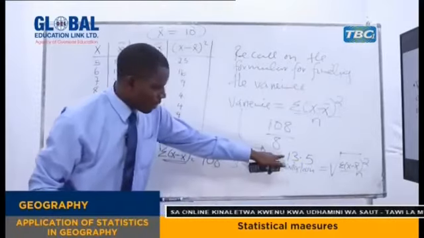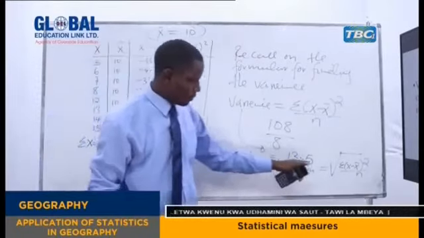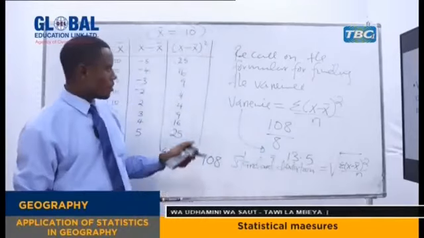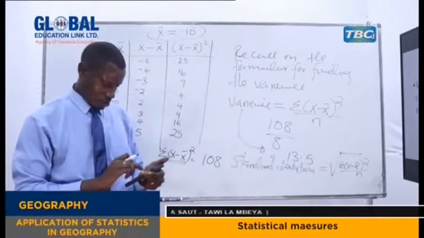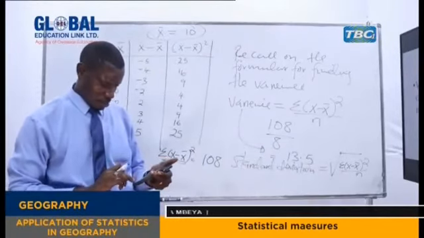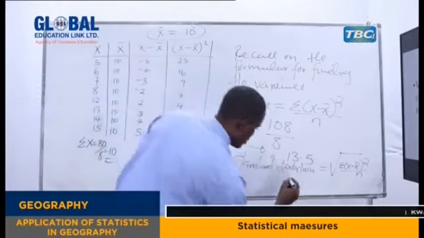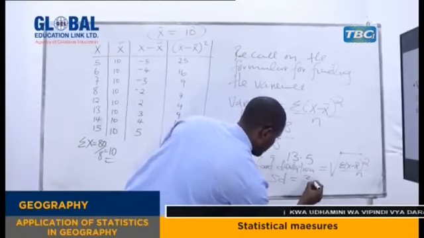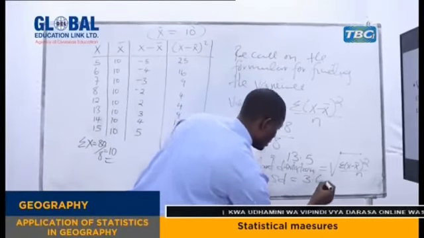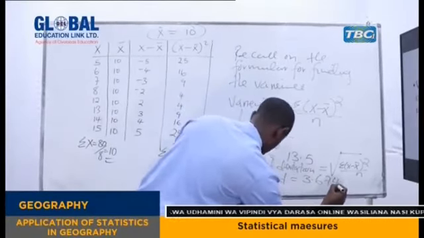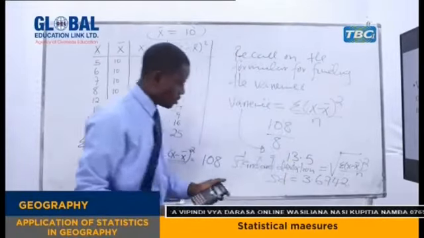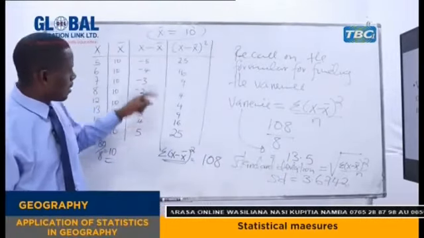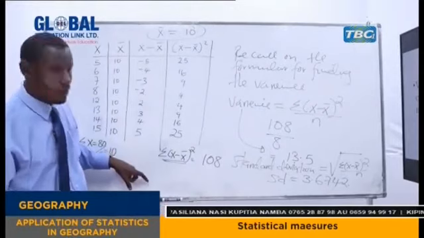Already we have 13.5. So if we take 13.5 and find the square root, we come up with the standard deviation of 3.6742. So for our question, that will be the end of the solving.